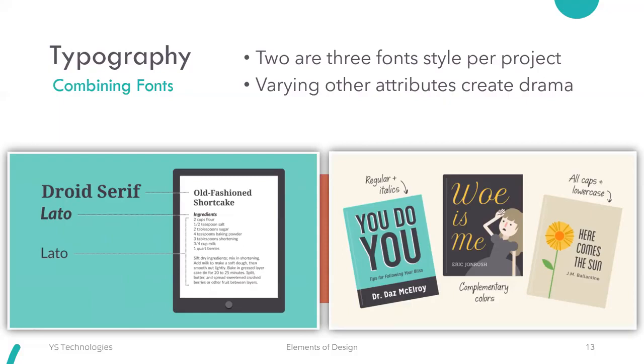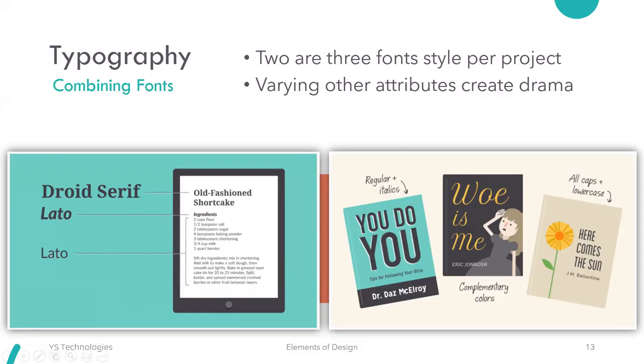Even then, by making the subheading bold and italicized, we are able to make it distinct, even though the word ingredients and the rest of the recipe use the same font. By changing attributes, we are able to create a distinction between them.